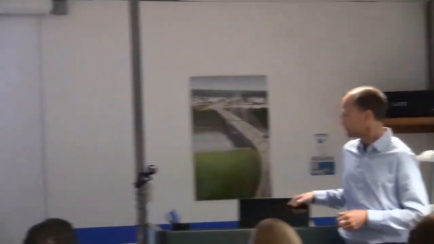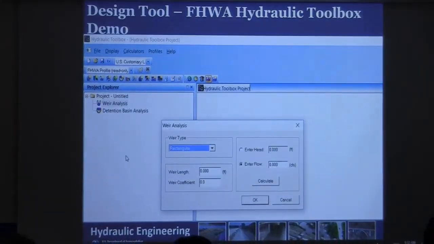I actually went looking for them. I think a couple of them are given in HDS4. But if you ever have questions on where to track them down, just shoot me an email and I'll help you out. They're more in your standard hydraulics texts from college and other things. All right, excellent, thank you.